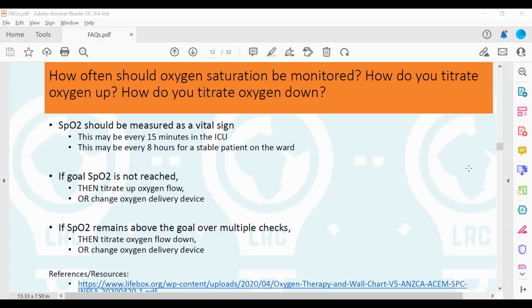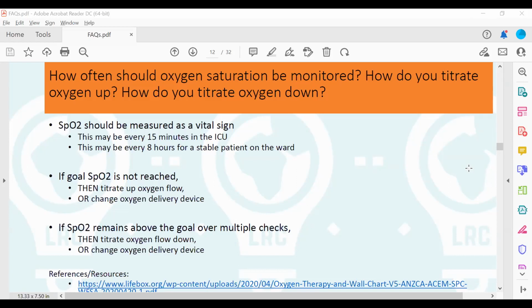If it doesn't work, then you can change the device. Shortly we are going to revise the type of the device and how much FiO2 they are delivering. So it depends on the target. If the target is not reached, you can either increase the flow or you can change the device that you are using. If you are using a device which is giving low FiO2, you can go to the next.